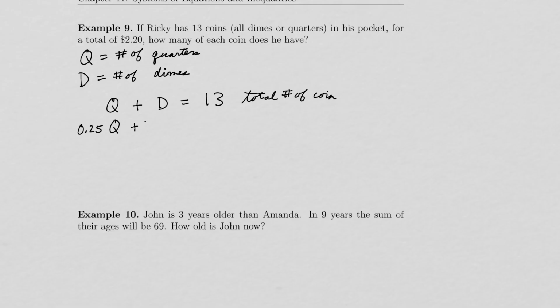Plus 0.10 times the number of dimes, that's the amount of money I have in terms of my dimes. That's going to equal the total amount of money I have in my pocket, which is $2.20. Or that Ricky has in his pocket, right? So this second equation deals with the total money.